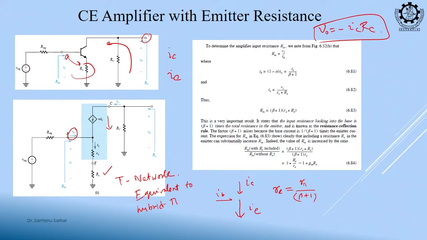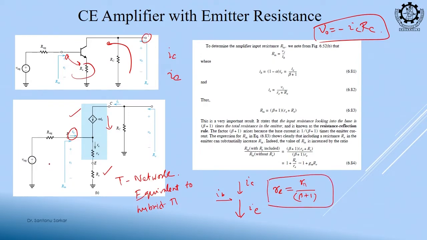Okay. So, you see this T network is simple. What we are doing? We are drawing this in terms of emitter current. So, base current is coming directly, emitter current is coming alpha IE, and in the emitter side there is a resistance, that is small RE. Okay.